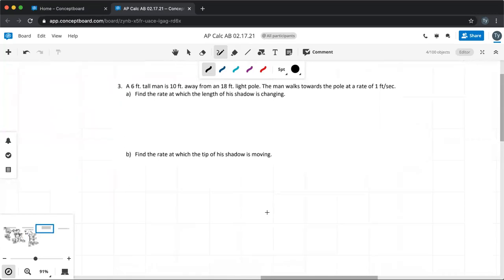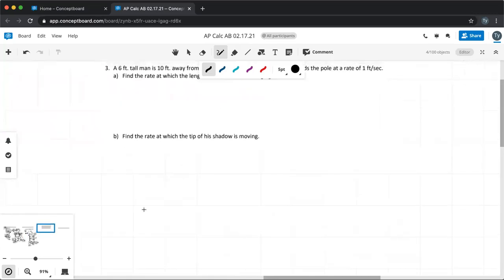All right, before we care about any of those numbers, let's draw it. So here I have a light post. And I'm not an artist, okay? And we have a man.